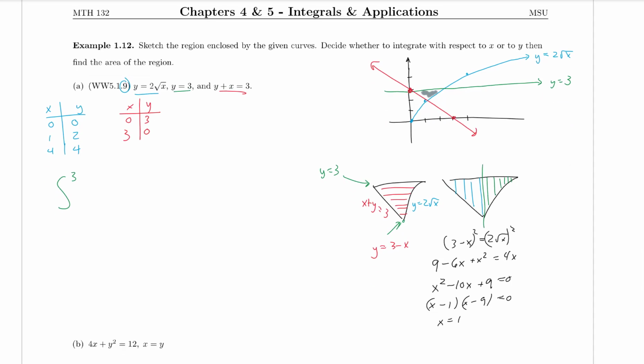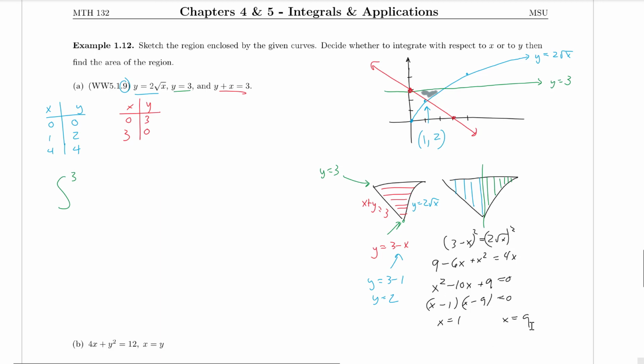So you know these things intersect at x equals 1 and x equals 9. We can tell that this is the x equals 1 intersection. So that's the point 1. Then we can get our y value by plugging back in here. So we get y equals 3 minus 1. So y equals 2. So this intersection point is the point 1, 2.